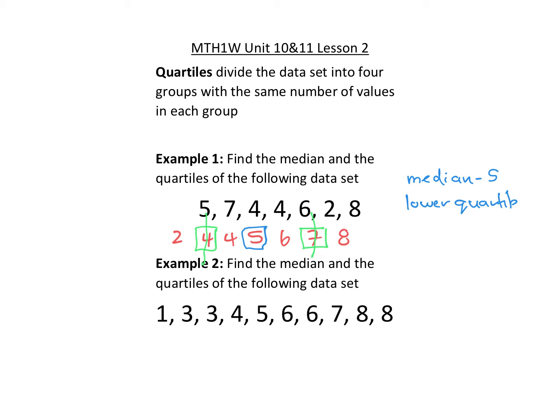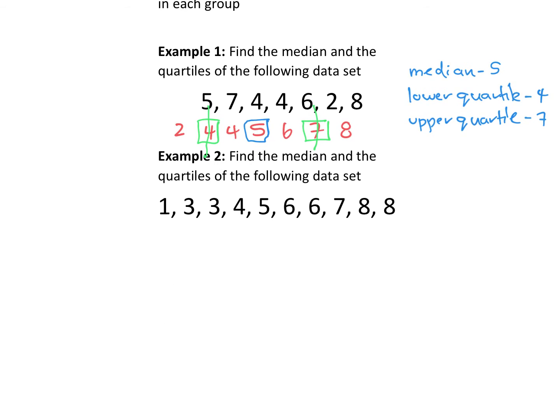So the lower quartile is 4, and the upper quartile is 7. And then I can see on the lower quartile I have 1 number on each side, and the upper quartile I have 1 number on each side. If the data set is not in order, you would put it in order.